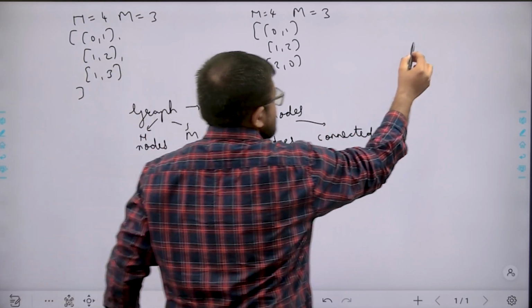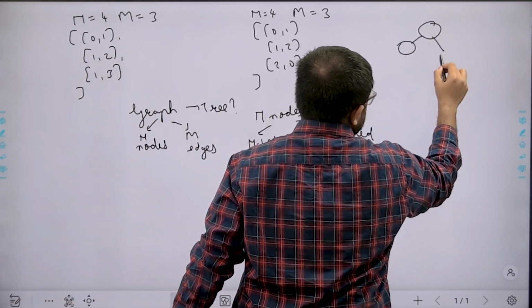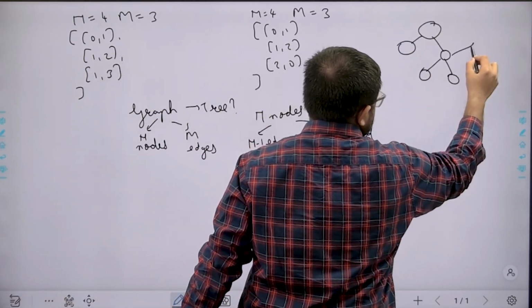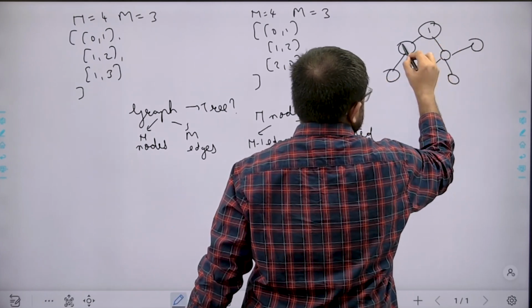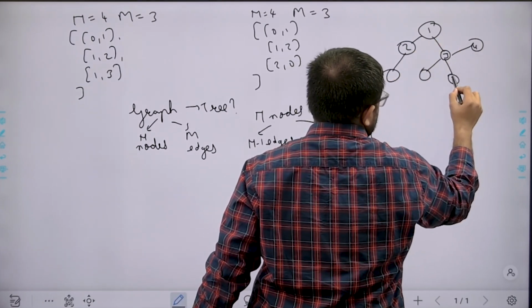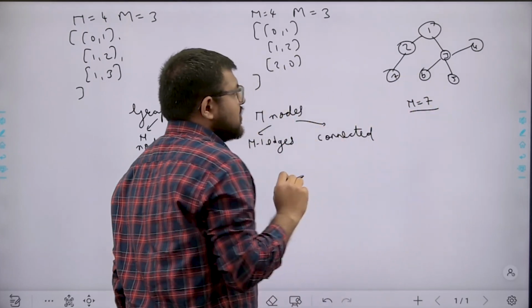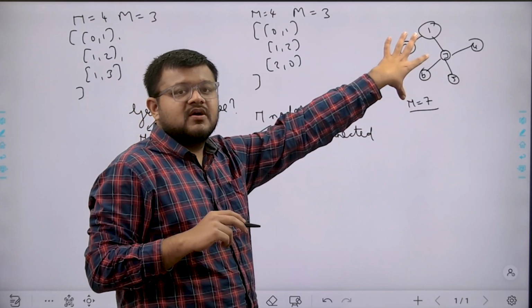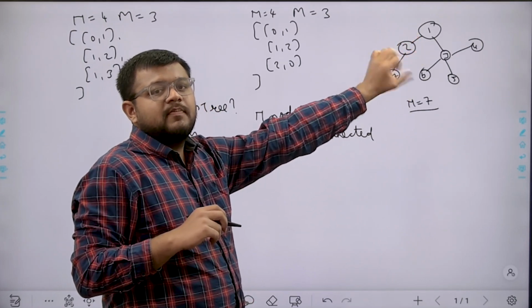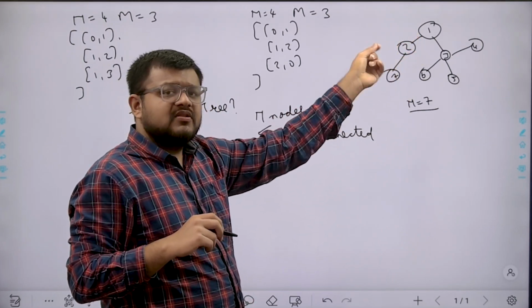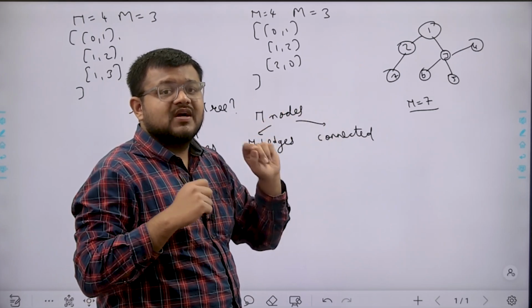Okay, so for example, if this is my graph, let's say this is 1, 2, 3, 4, 5, 6 and 7. Okay, so n is equal to 7. Now this is a connected graph. Yes, why? Because there is a path between each and every pair of vertices. You take any two pair, you will find a path between them. So this is a connected graph.